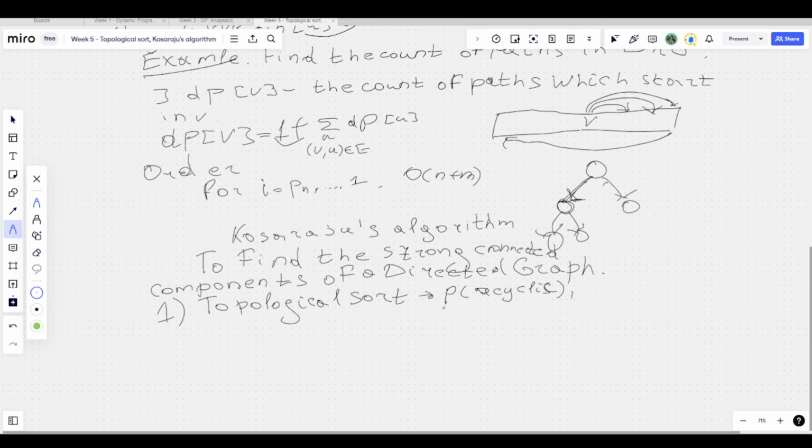So P is the topological order if G is acyclic, else some permutation. Else take some permutation.